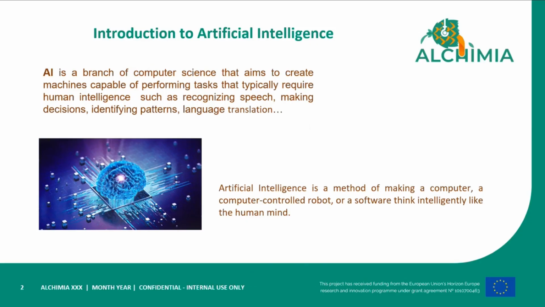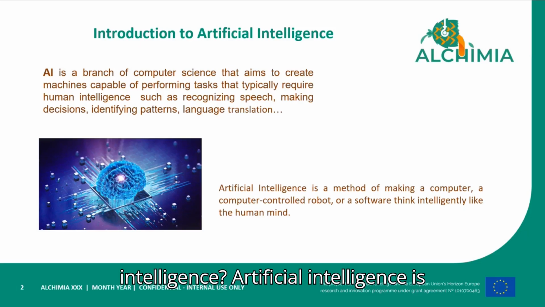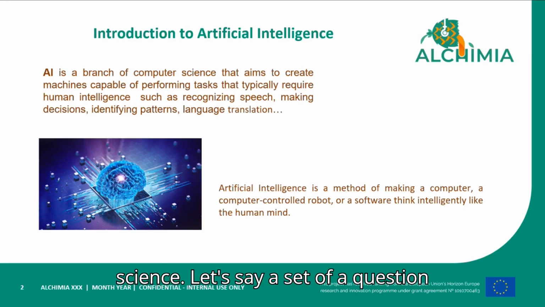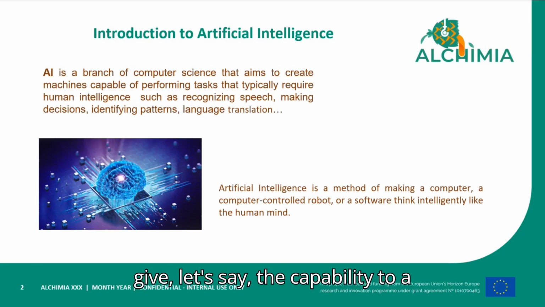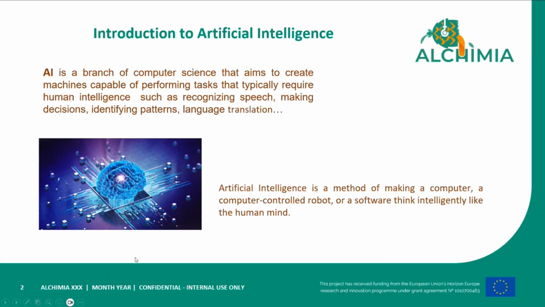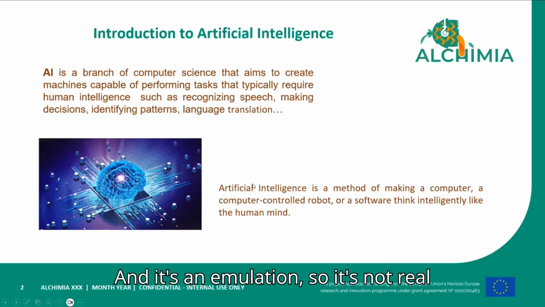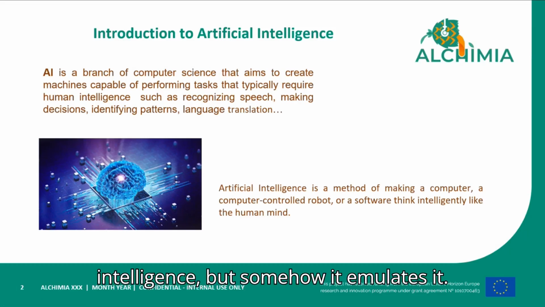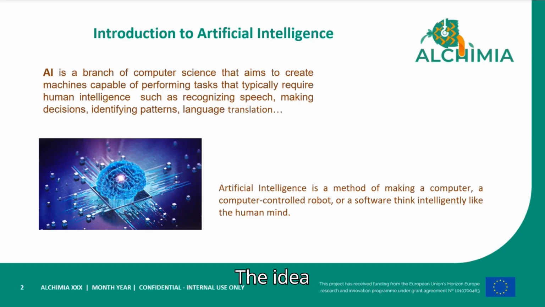So, in other terms, what is artificial intelligence? Artificial intelligence is a branch of computer science, a set of equations that try to emulate, or give a machine, a robot, or an algorithm, the capability to think in an autonomous way. It's an emulation, so it's not real intelligence, but somehow it emulates it.